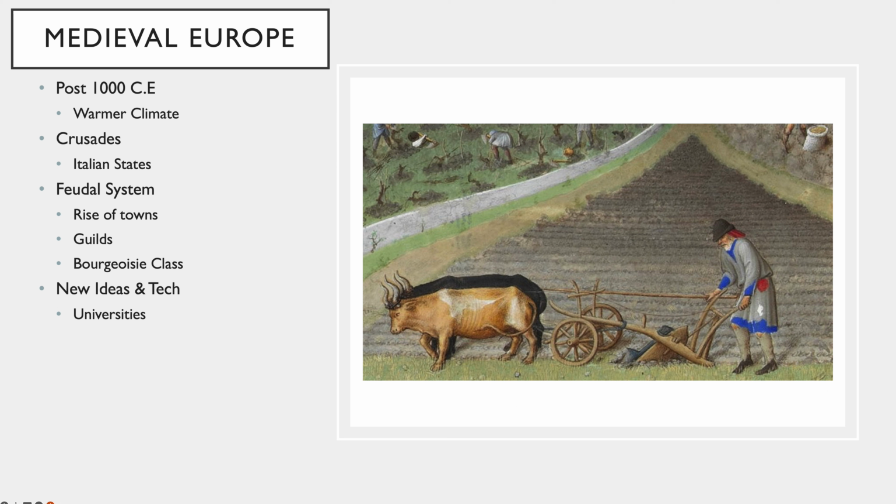With the development of universities, now there's a third option. Now you can actually do something with this education and maybe go into business or be a lawyer or an advisor to somebody, right? So there's more options opening up thanks to the development of universities in the Middle Ages.